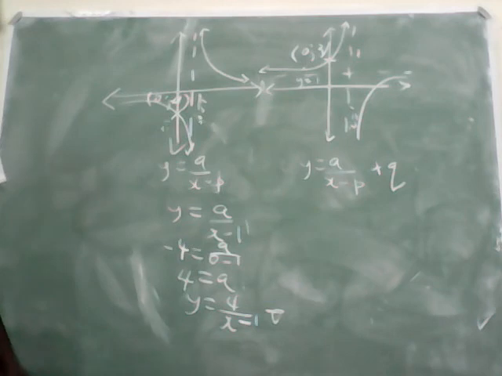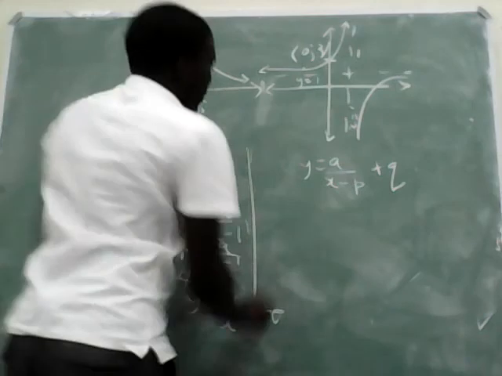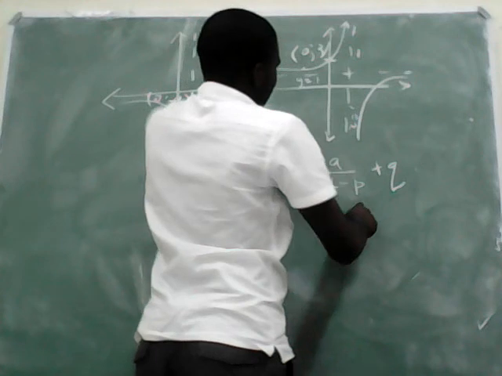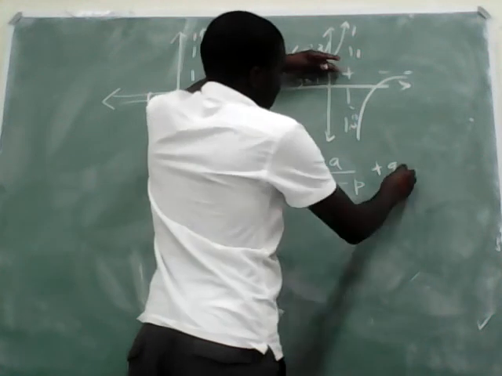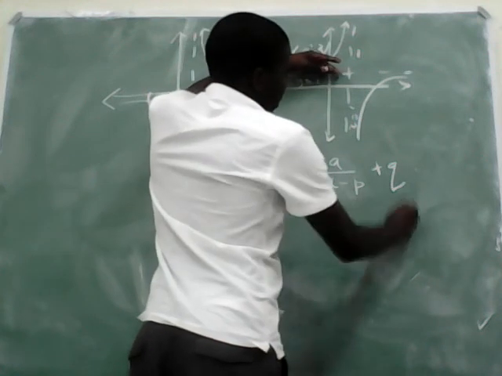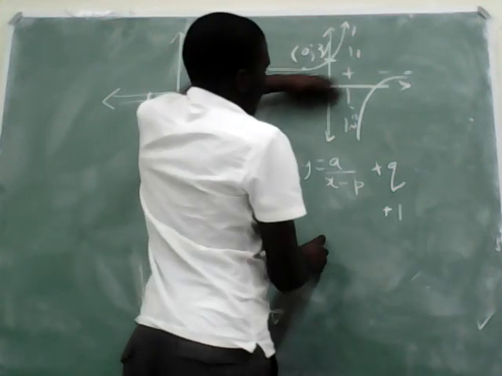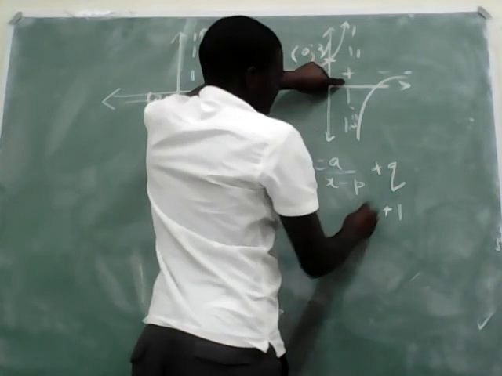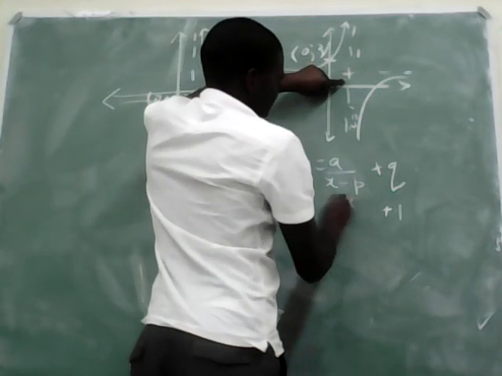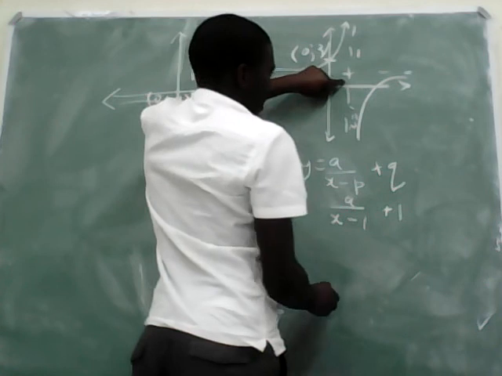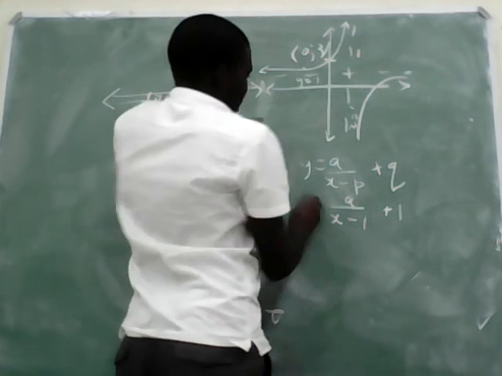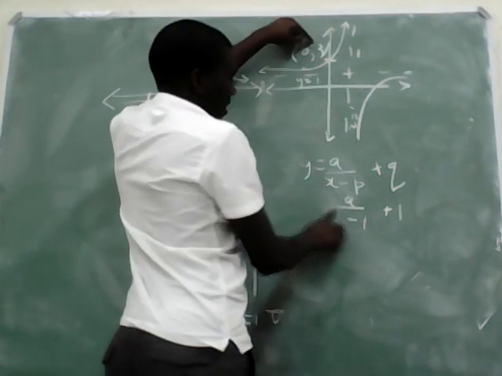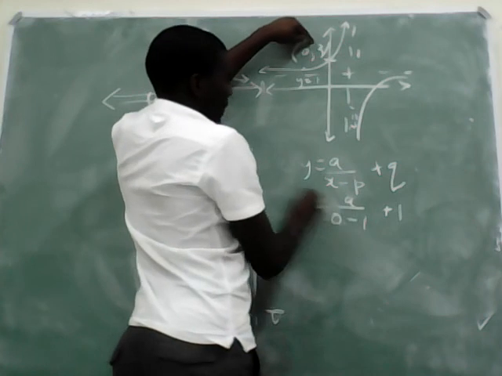Hope you understood. Here we have to find p and q. q is the shift up, so q is 1. p is the shift to the side, so it is 1. So we have a over x minus 1, plus 1. This is the point they gave us: for x we have 0, for y we have 3.